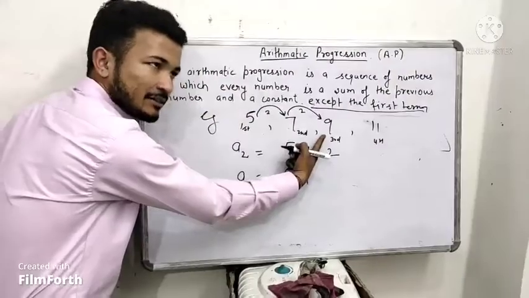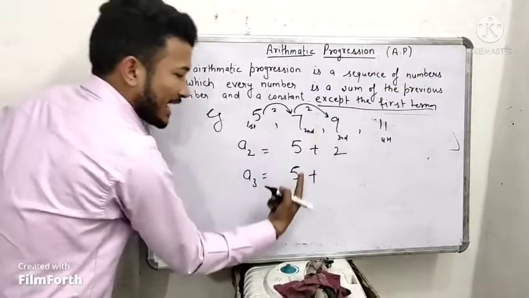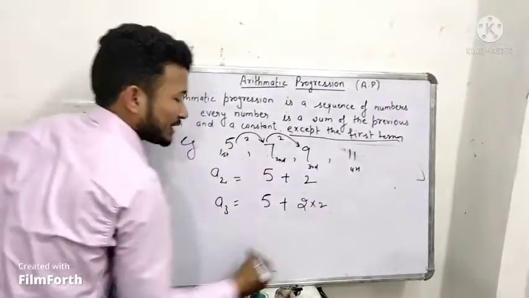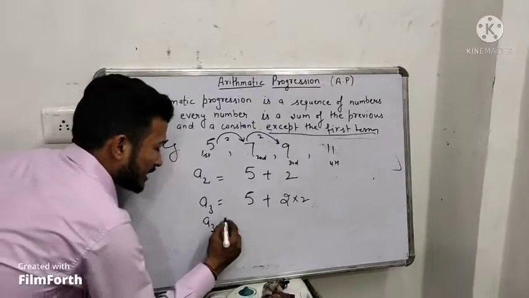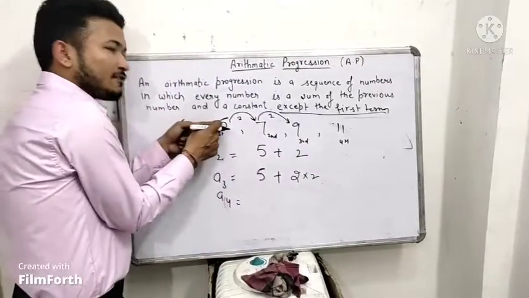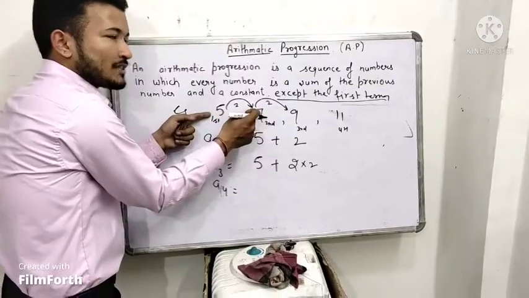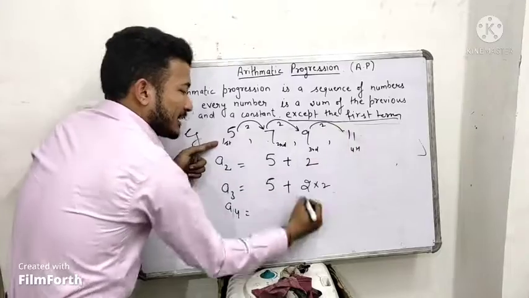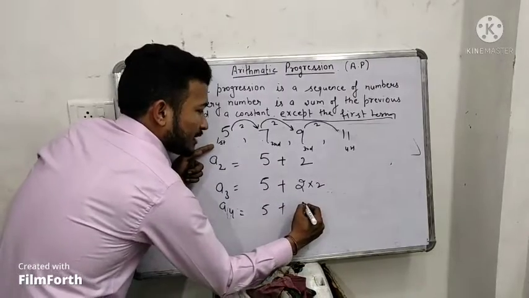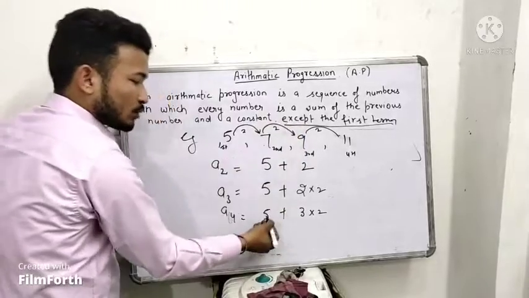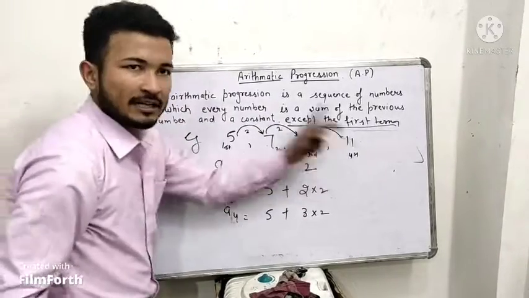To reach the third term, I add the first term and 2 times the constant. Similarly, how can I reach the fourth term? I am at the first position and I have to jump 2, again 2 and again 2. So 5 plus 3 times 2 equals 11.